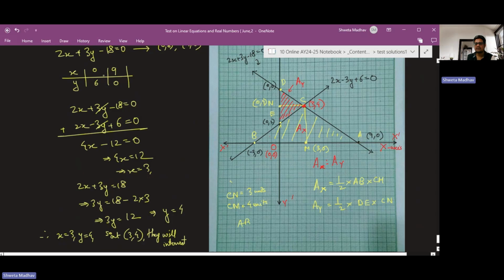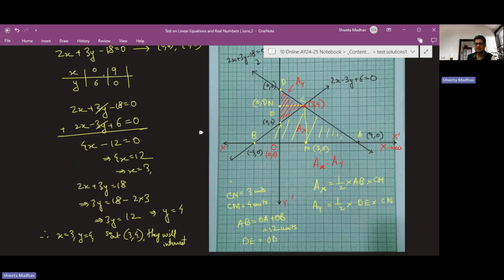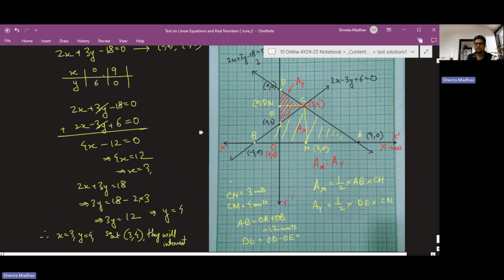AB length is OA plus OB, that is 9 plus 3, that is 12 units. And the length DE is OD minus OE, that is 6 minus 2, that is 4 units.